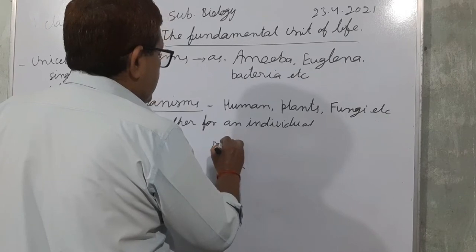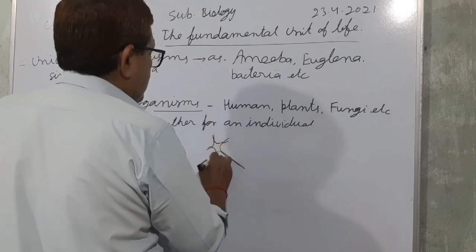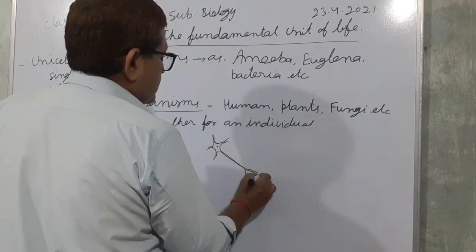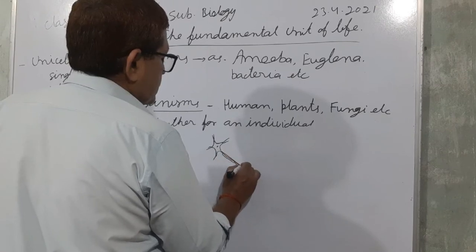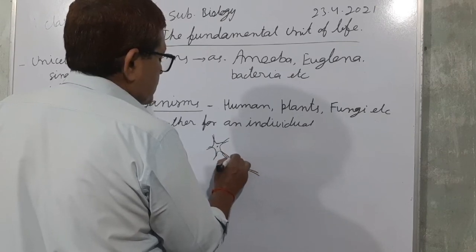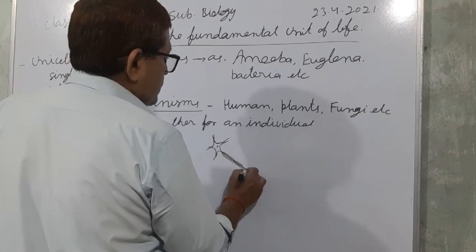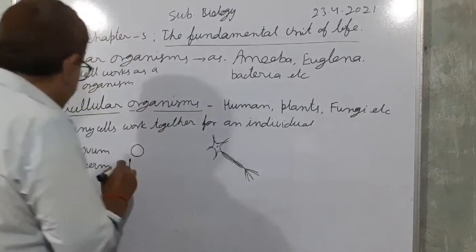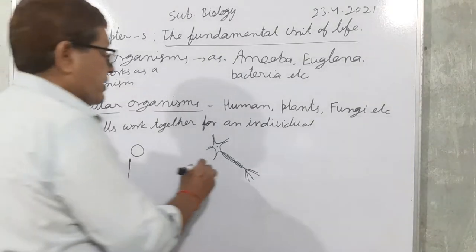These are the gametes: the ovum is of such type, the sperm of such type, and this is the nerve cell.